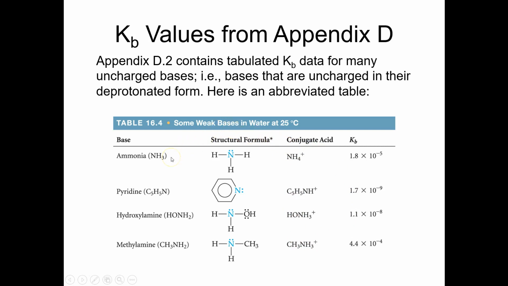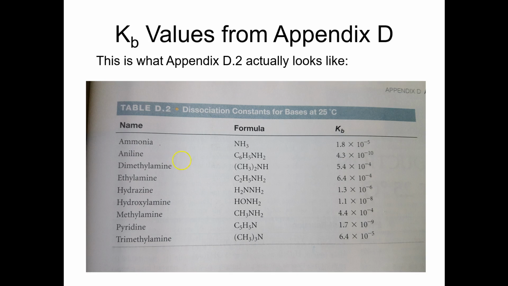Appendix D2 itself looks like this. You've got a table D2. It lists by name about 10 of these nitrogen bases that are neutral in their basic form, and it gives their Kb values. So this leaves open a question for me, because I've been doing this for a long time.